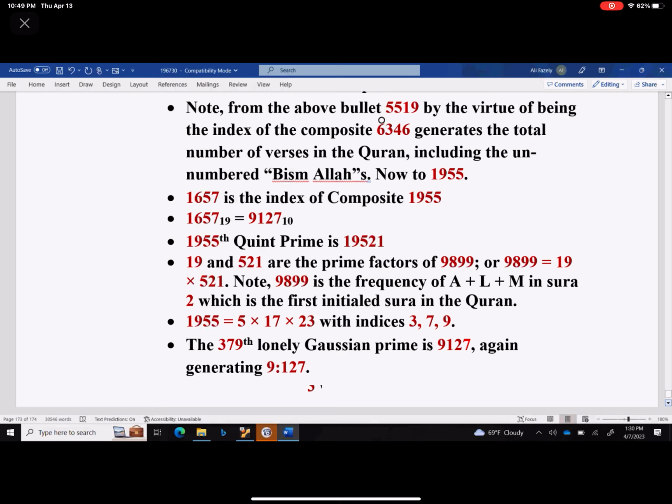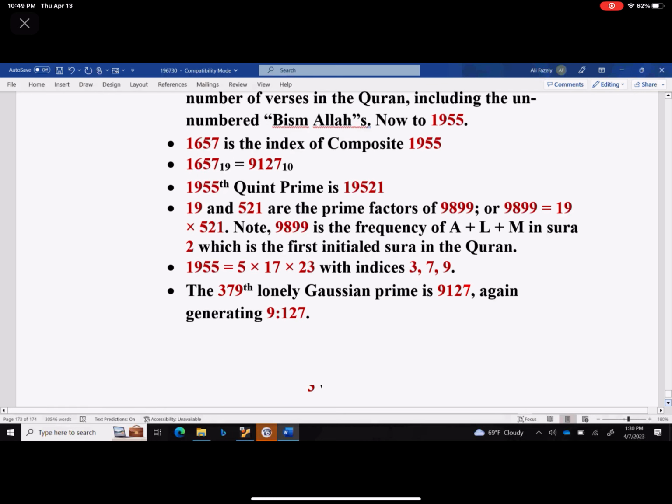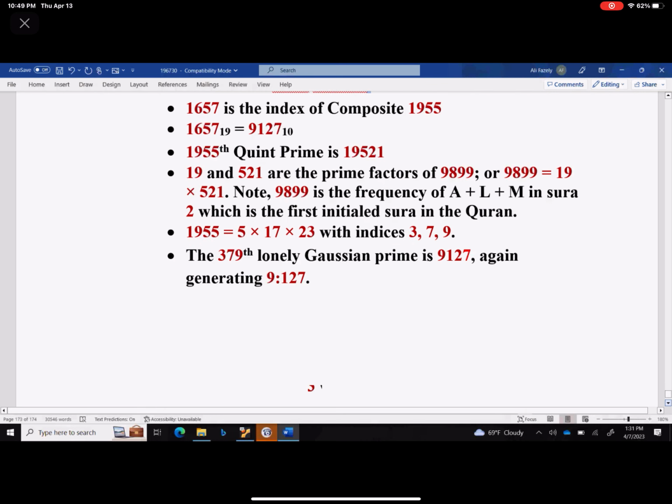Okay? Look at the sum of digits in 1657. 1 plus 6 is 7, plus 5 is 12, plus 7 is 19. On the other side, 9 plus 1 is 10, plus 2 is 12, plus 7 is 19 again. And this is amazing. 1955 factors out into 5 times 17 times 23 with indices of 3, 7, and 9.